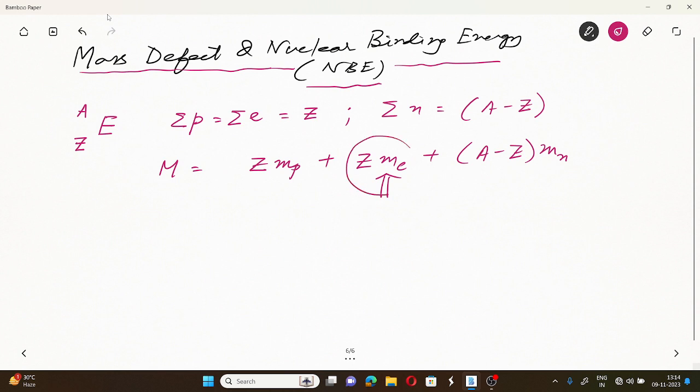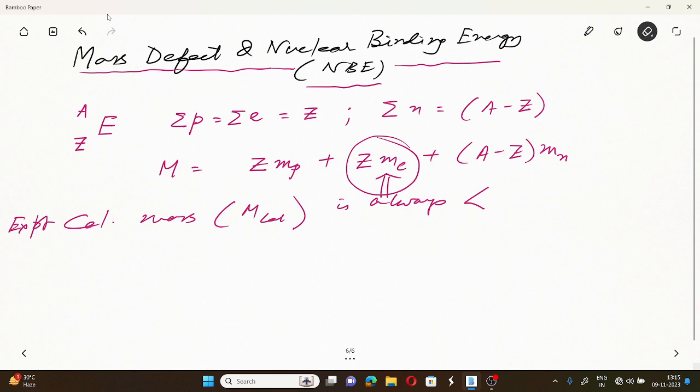So even if you neglect this, it has been observed that the calculated mass, say m cal, is always lesser than the experimentally determined mass, and let us write this as m exp.